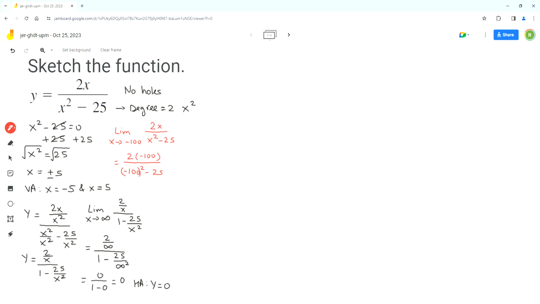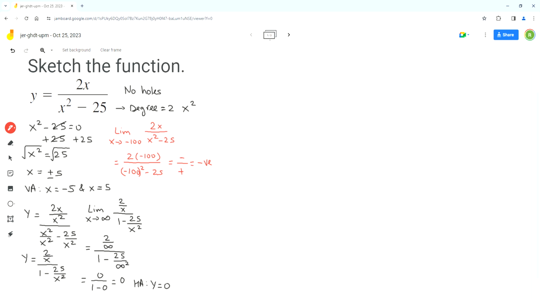Now in the numerator, we get a negative value. And in the denominator, negative 100 squared will be positive 10,000 and minus 25 will be a positive value. So we'll get a positive value in the denominator and the overall value will be negative.